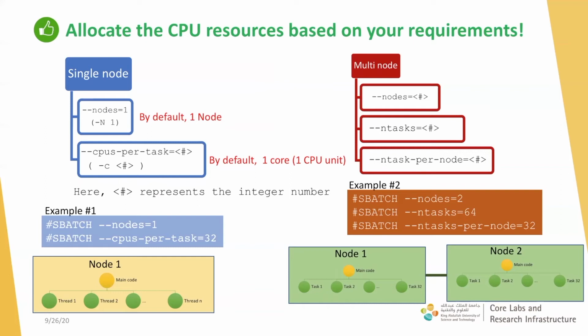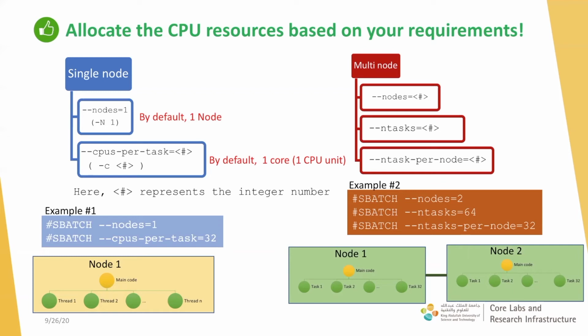MPI-based jobs are always suitable for multi-node jobs. On the left-hand side, I'm using two different parameters: --nodes equal to 1, which specifies that I'll select one node for running my jobs, and --cpus-per-task, which specifies how many cores I'm going to use for my jobs.